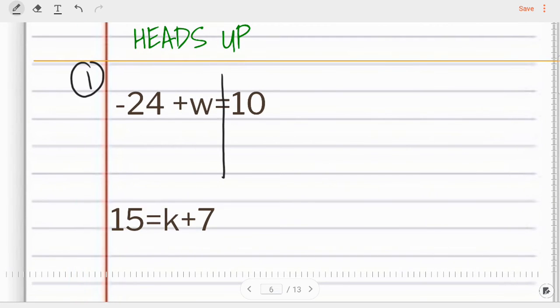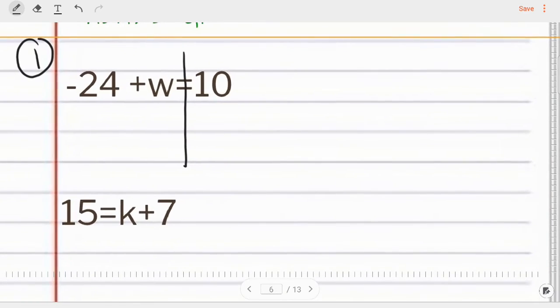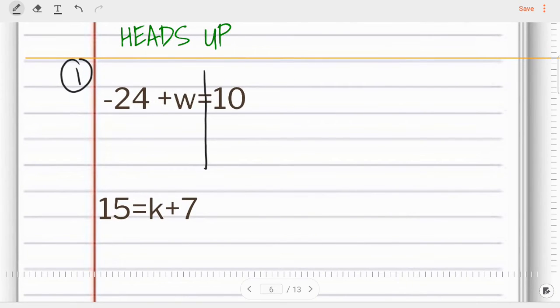What operation is going on here? Now, as I look at this, I can see that it looks like addition is going on. But what I want you to do before we solve anything is rewrite this problem so that the variable comes first. And I want you to see what happens.